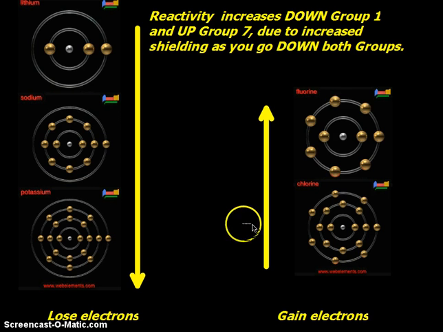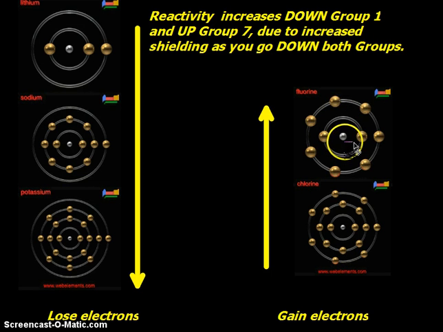On the non-metal side, things are reactive not by losing electrons, but by gaining electrons. When you look at fluorine and chlorine, they're just one electron away from having a full outside energy level. And so if they can fill up that energy level, they become more stable.